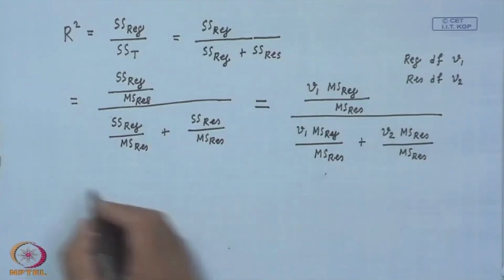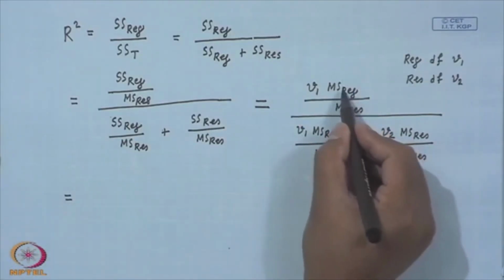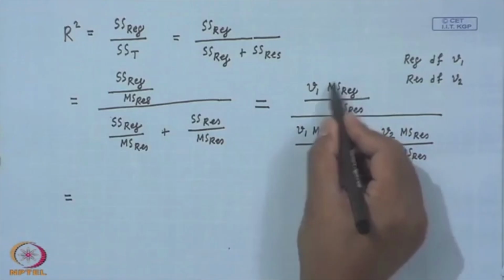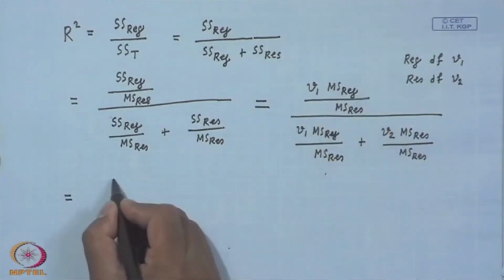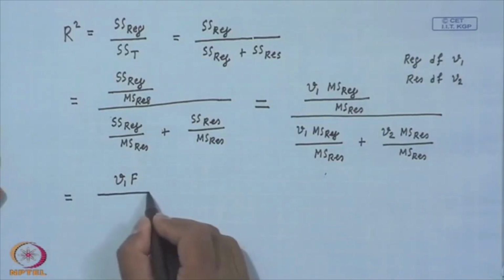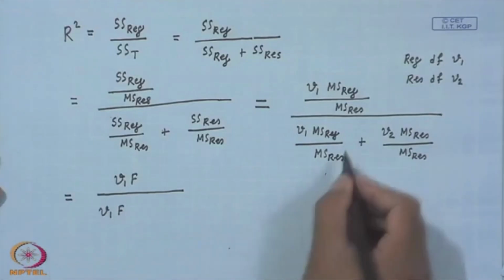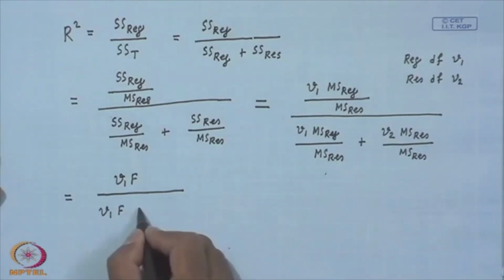Okay. So, MS regression by MS residual is nothing but F. So, this can be written as V1 F by V1 F plus V2.